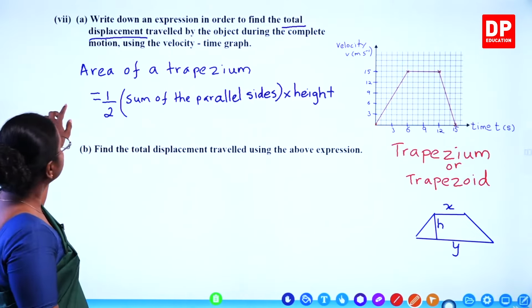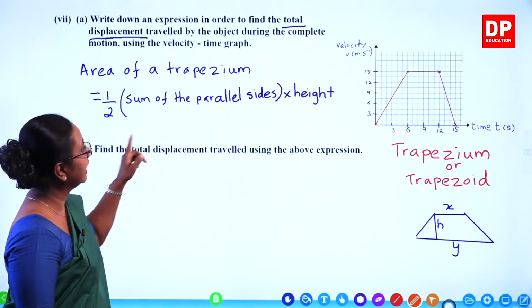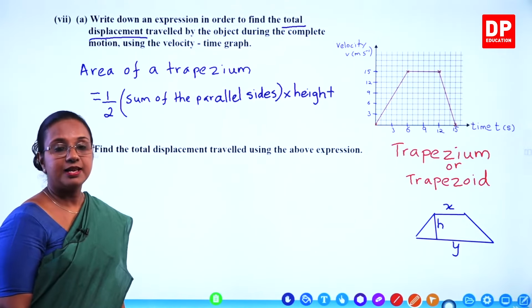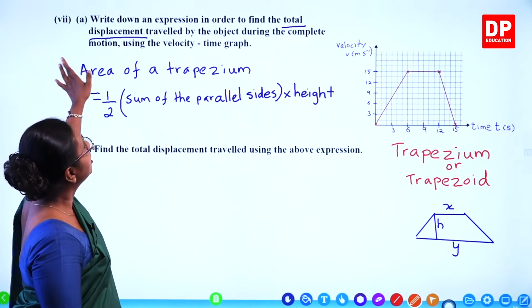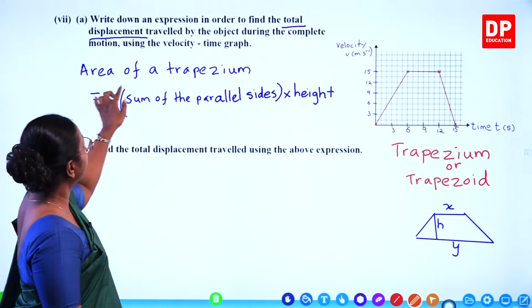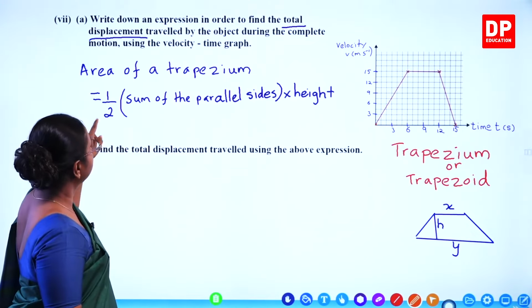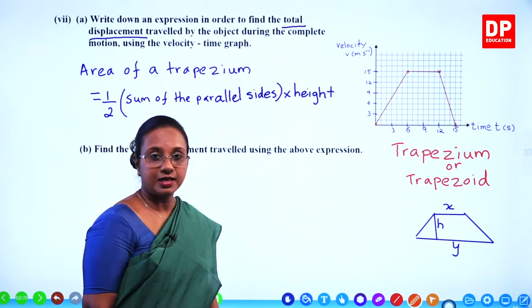This is the equation that you will be using to calculate the area, that is the displacement of the object during the full motion. Area of a trapezium, half into sum of the parallel sides into its height.